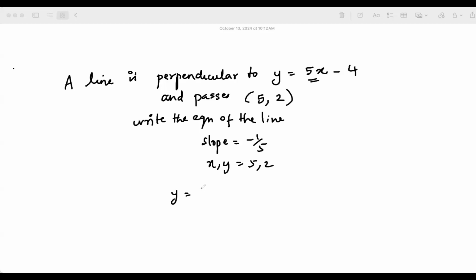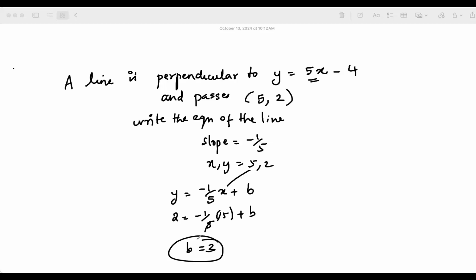So the general equation is y equals minus 1 by 5 x plus b, right? Here I have the point, so I'm going to substitute in. So b will be equal to 3. The intercept is 3. Okay, Yojit, Akshada and all got it. So y will be equal to minus 1 by 5 x plus 3. If you got this, you got it right.